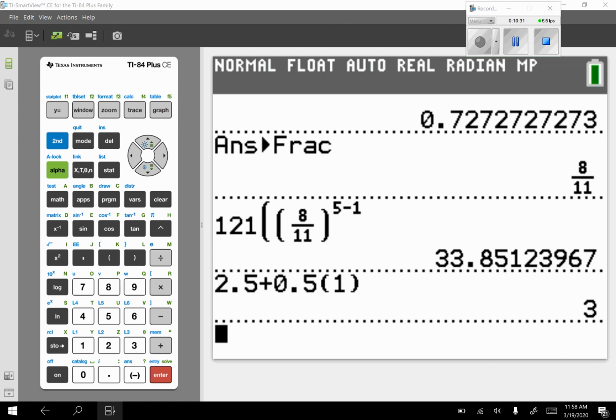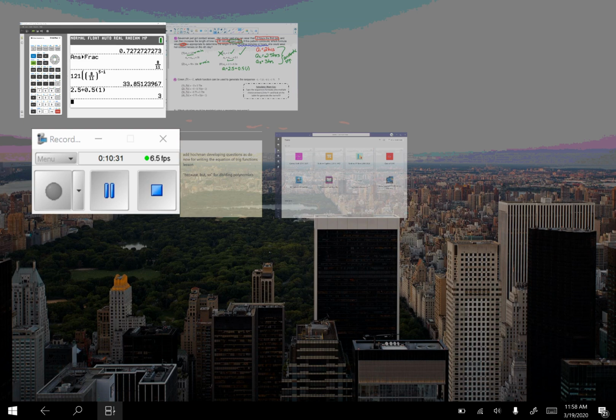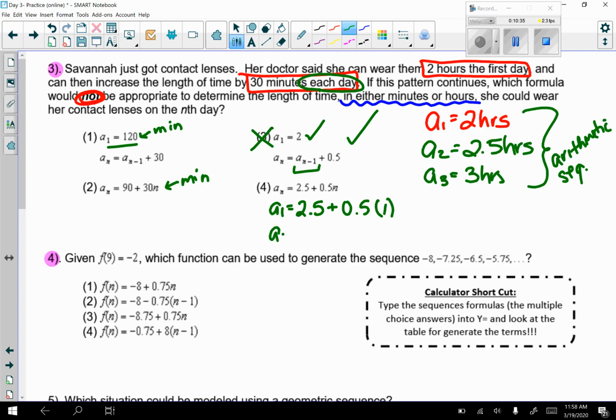A sub 1 equals 3. Which does not match. So I think my answer is 4, but I like to just double check, especially on not questions. So I'm going to go back to the minutes. And the first thing I'm going to do is I'm going to take each of these and I'm going to put them in minutes.